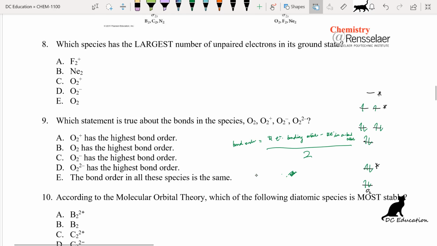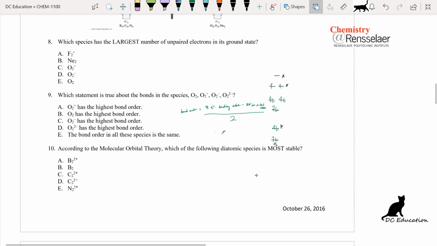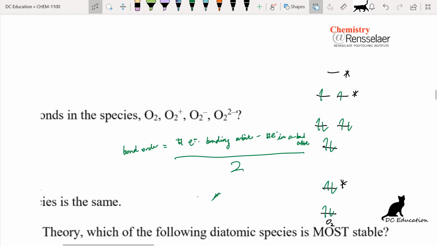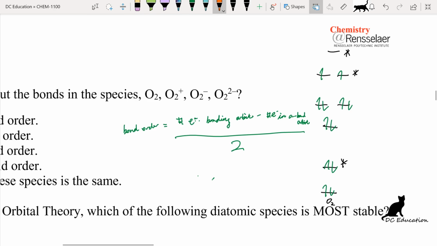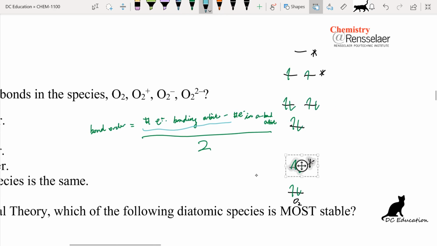What it means by the number of electrons in bonding orbitals is the ones without the asterisks.